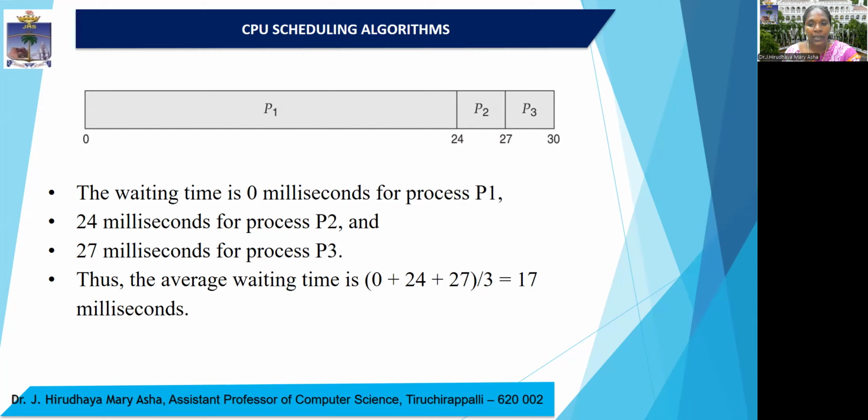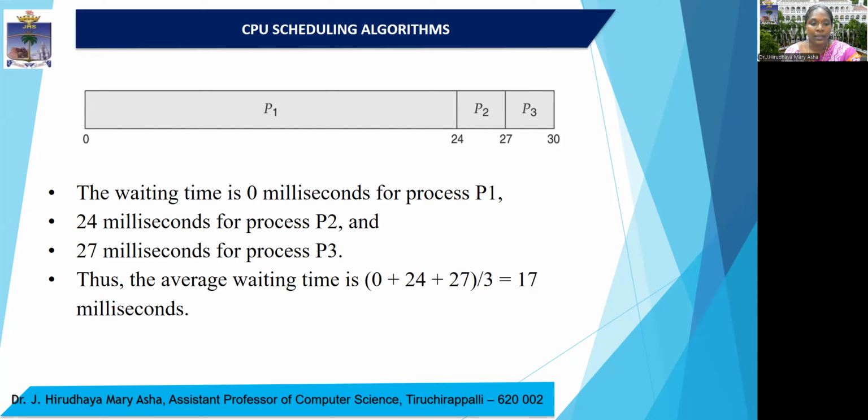So the second process, even though it has a low execution time, has to wait until the first process finishes its processing. Here, the waiting time is 0 milliseconds for process P1 because it arrives first.